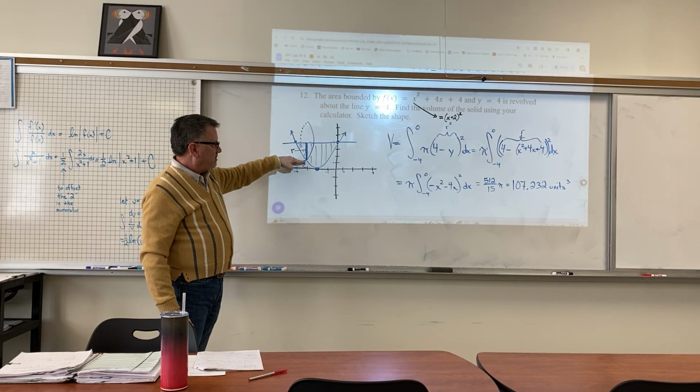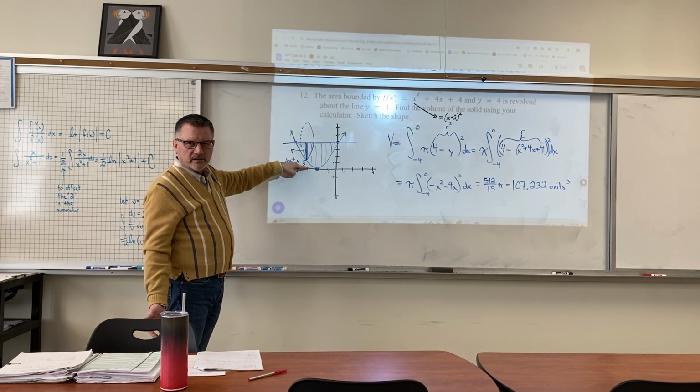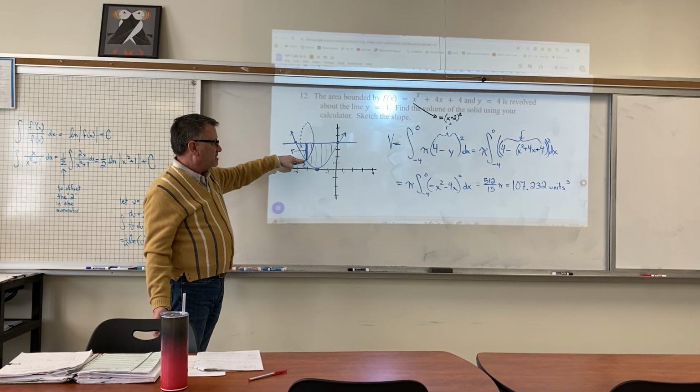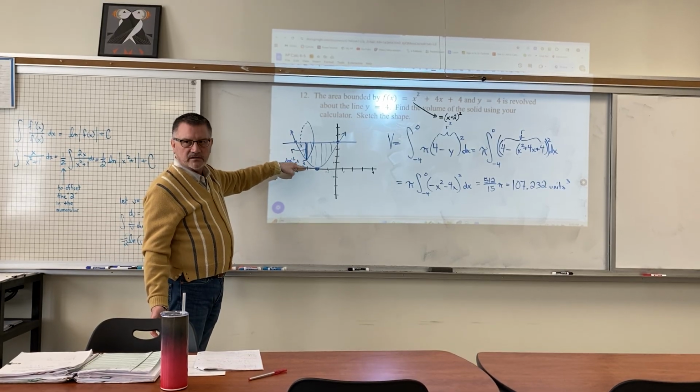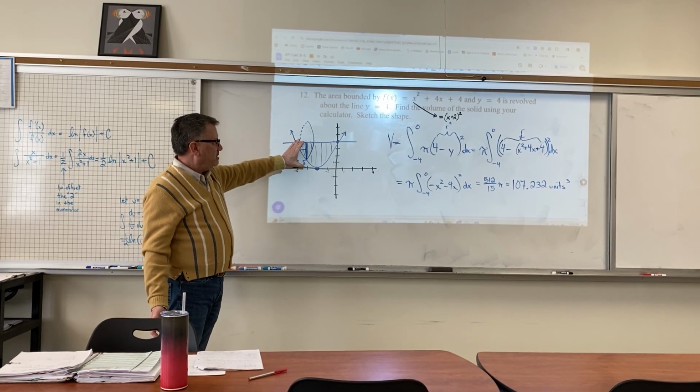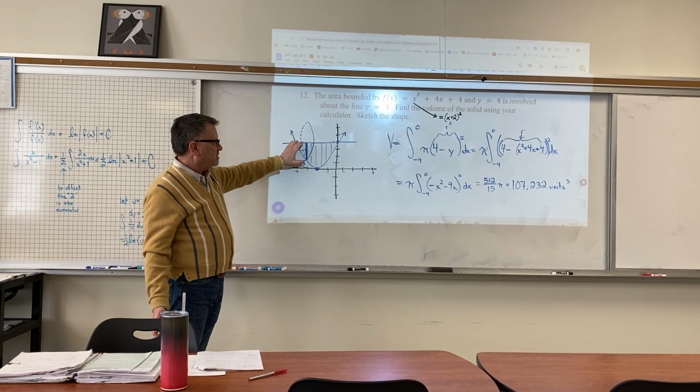So if I just did the integral of the curve, it's going to give me this right there. Well, that's not the radius. The radius is all the way up here at 4 minus the curve, from the curve to the x-axis. It's this minus that, because I'm rotating around this.